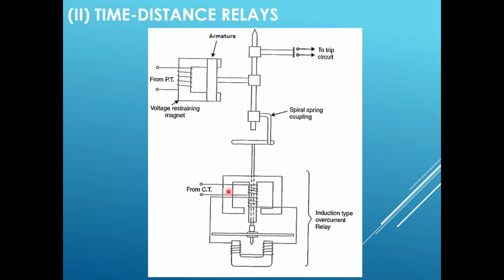Now when a fault occurs, the CT will sense the fault current, and because of that flux is induced in the central limb. When flux is induced in the central limb, that flux will cut this winding, that is the secondary winding. This coil acts as the primary winding, and this coil acts as the secondary winding.